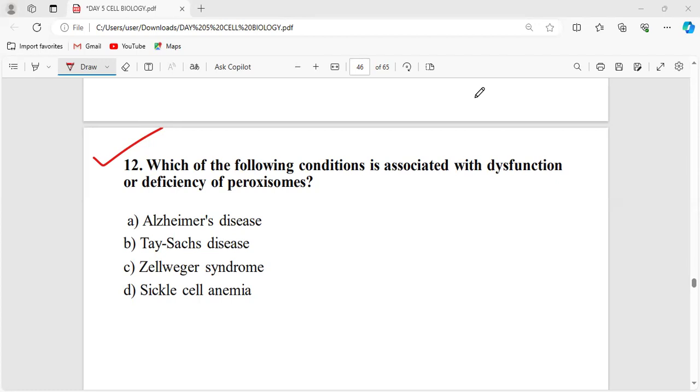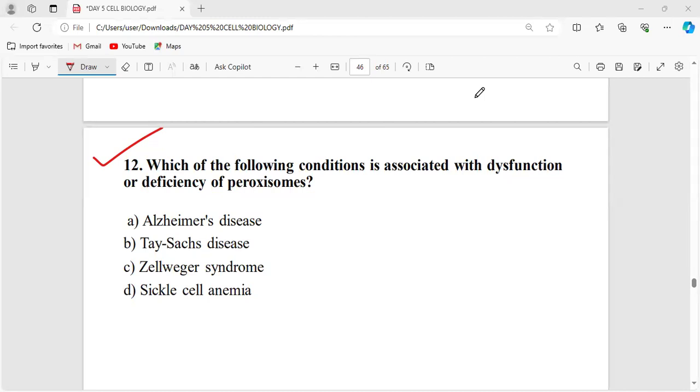See, in Zellweger syndrome the peroxisome looks like an empty membranous ghost, which means it lacks such enzymes. The peroxisomes are failing to import some enzymes from the cytosol to the peroxisome.